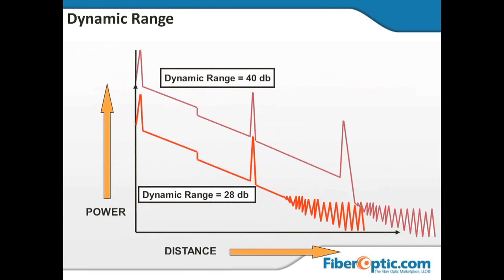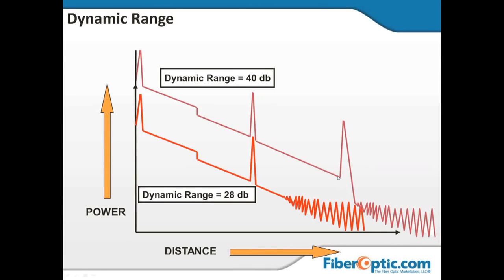Now, dynamic range, we've been talking about that as well. The higher our pulse width, the higher our launch level is going to be. And we've got to make sure that depending on the loss of the cable, whether we're shooting at 1310 with .35 dB of attenuation or at 1550 where we've got .2, we've got to look at how many splices, how long and far we're going.